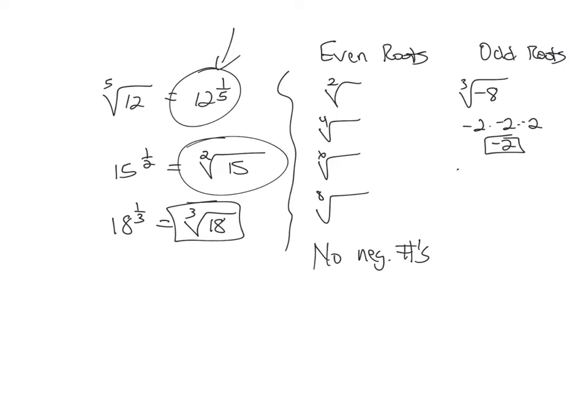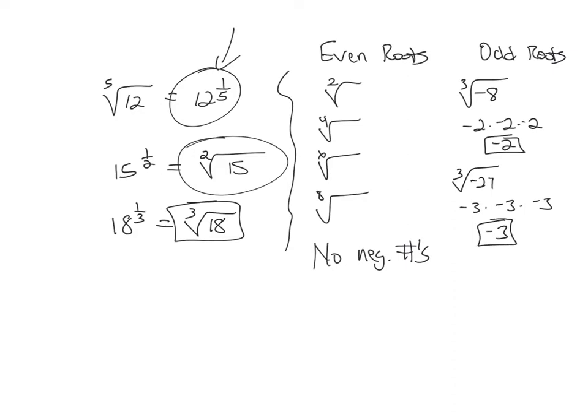If I did the third root of -27, that means -3 times -3 times -3 would give me -27. So the answer is -3.